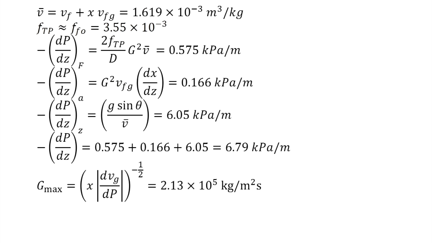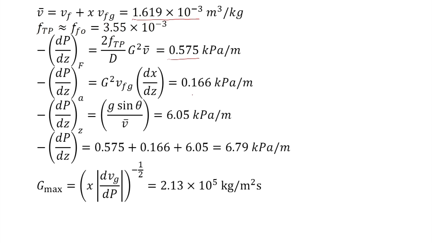The mixture specific volume is 1.649 into 10 raised to minus 3 meter cube per kg. f TP we assume to be equal to f FO, and then using this we calculate the frictional pressure gradient, which is 0.575 kilopascal per meter.